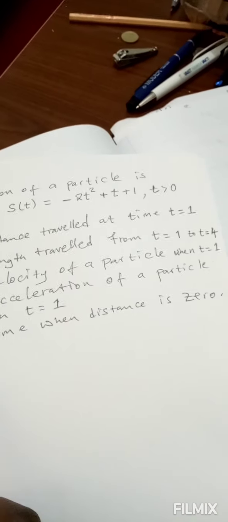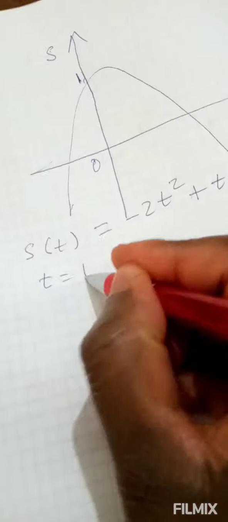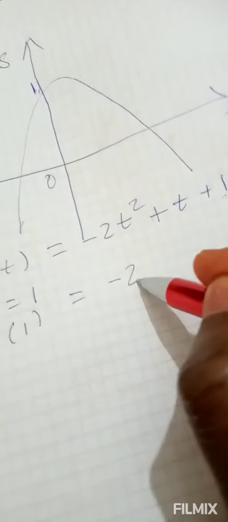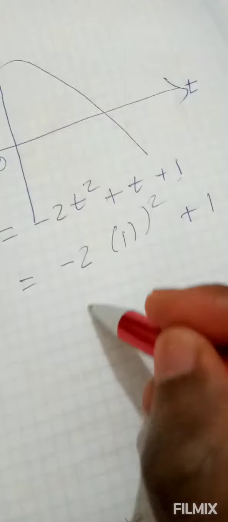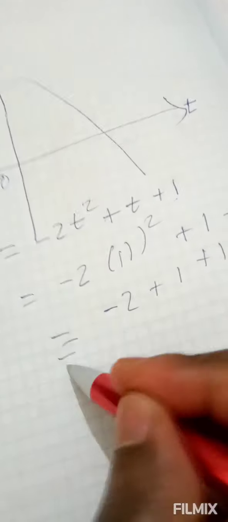So now let's find the distance traveled at time t is equal to 1. We just say s of 1 is equal to minus 2 times 1 squared plus 1 plus 1, then we have minus 2 plus 1 plus 1. This is equal to 0.